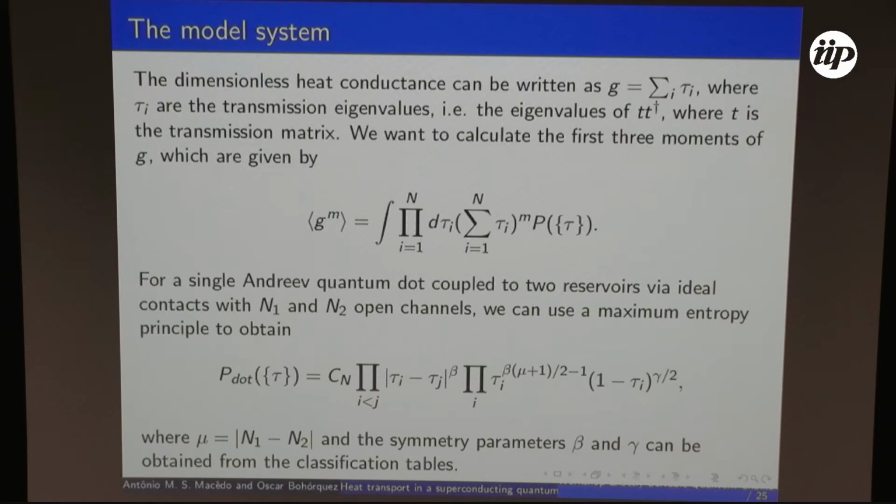But in order to get complete solutions, what I mean by complete is I want functions that I can actually find asymptotics of, understand the entire behavior, plot it, see it, give it to experimentalists, and say, this is what we predict from a system that has this structure and these geometric properties. So in order to achieve this, we have to select the quantities that we actually want to calculate. And here we've chosen to calculate the first 3 moments of the heat conductance.